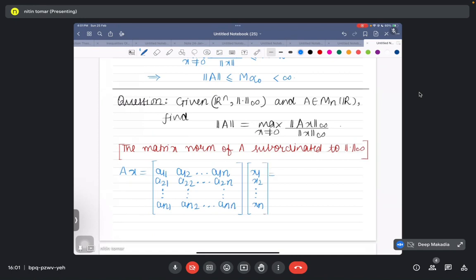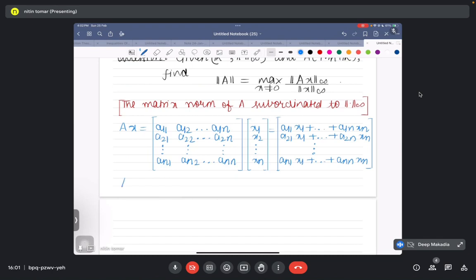We have proved that this is nothing but a summation. Let us not write it in the form of summation: a11 x1 up to a1n xn, correct? a21 x1, and so on and so forth, an1 x1. So Ax is your vector, right?